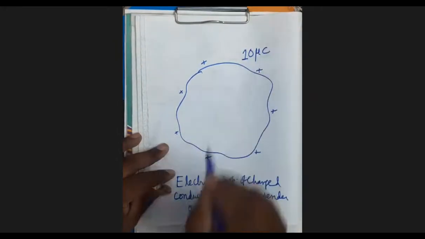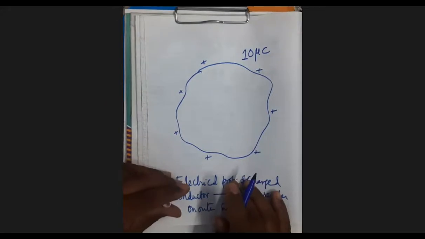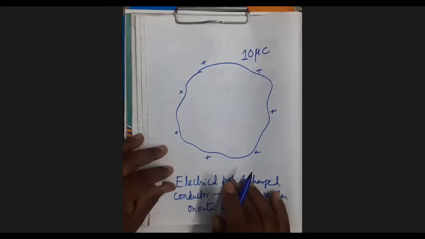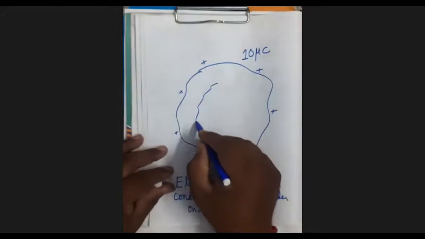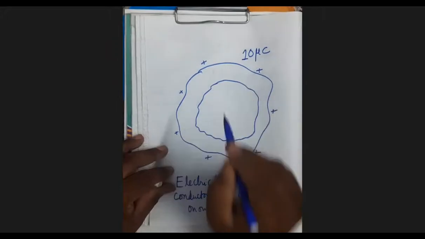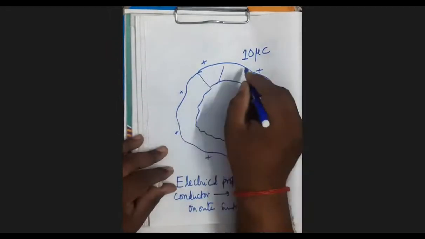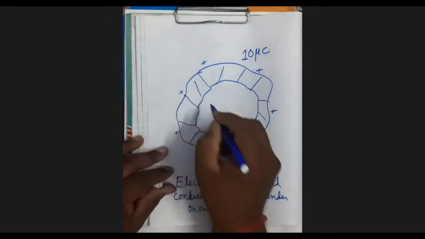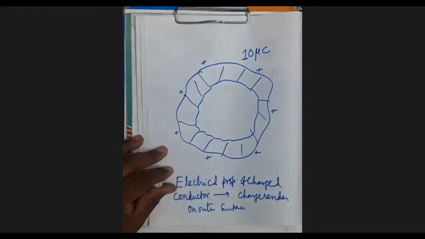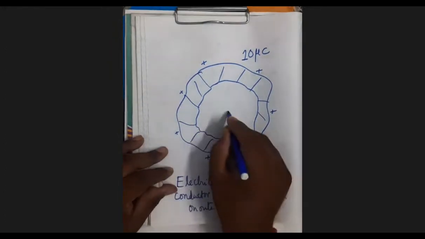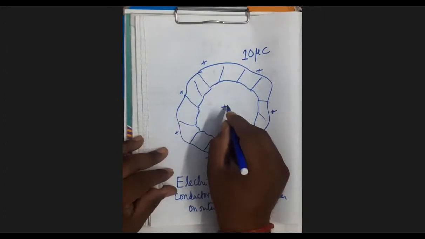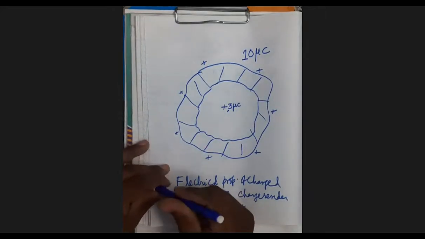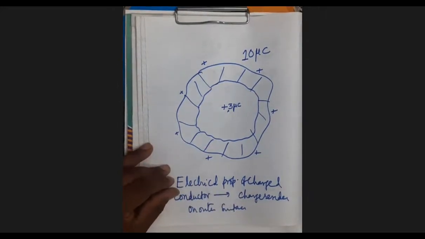10 microcoulomb. Now it is given inside the conductor is a cavity within which a point charge of +3 microcoulomb is situated. Cavity means a hollow space. This is filled with material and this is the cavity. This unshaded region is the cavity, and here a +3 microcoulomb charge is placed. It's clear? How exactly it is placed we don't know, but it is placed.